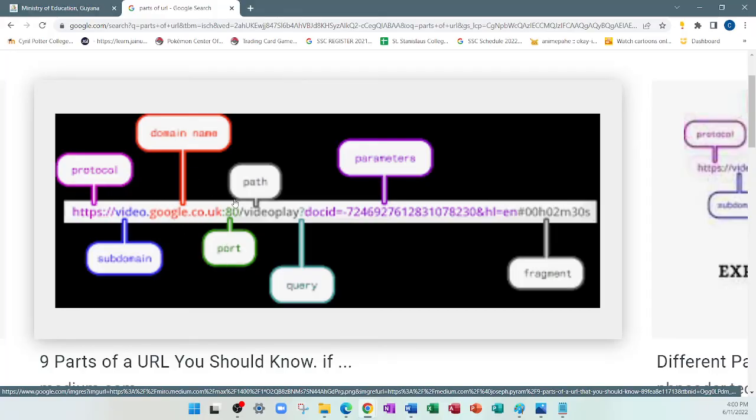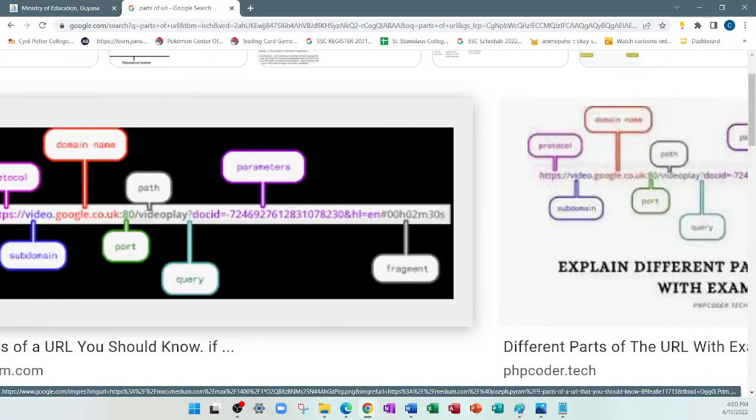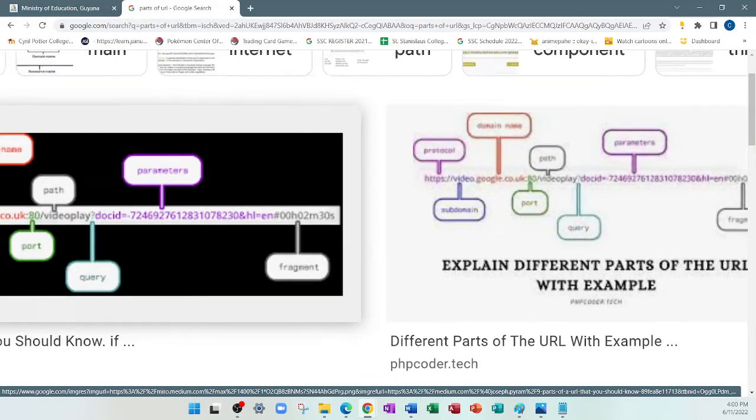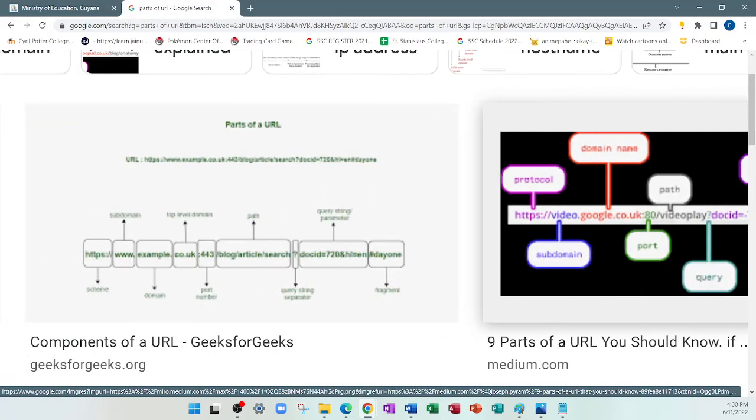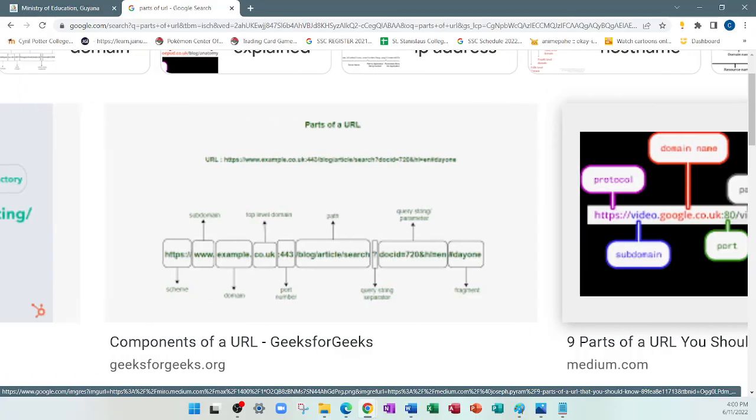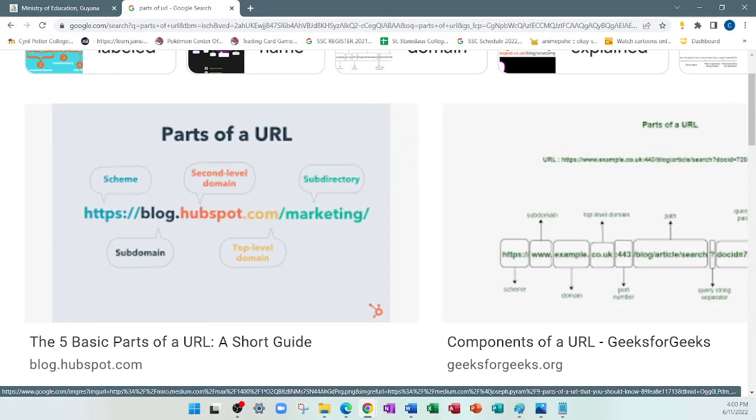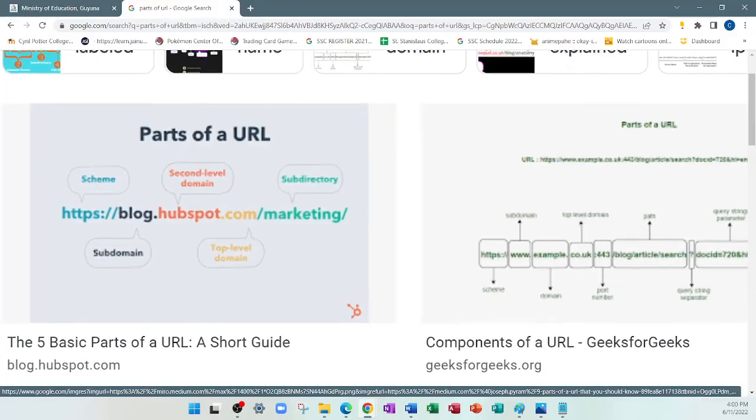After the domain name, you're going to start seeing a single slash. Each single slash indicates the path to the resource that you are going to. And that's basically the main parts of your website.